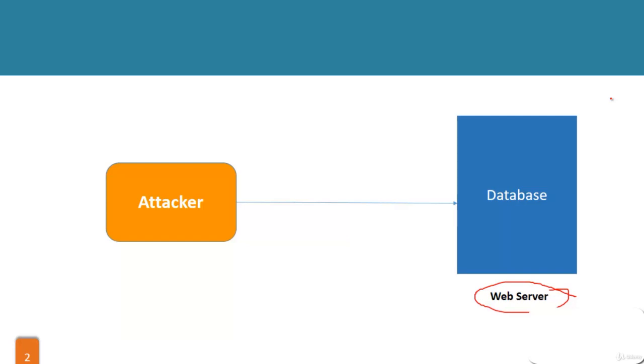I want to send some malicious content to the database, and if the database is not aware that this is malicious content, it will send me the information that I want as an attacker, right? As an attacker, I want all the content of the database, everything stored in it: mobile numbers, fax numbers, email IDs, addresses, customer names, customer email IDs, everything I need from the database. That is what we are going to do in this section.